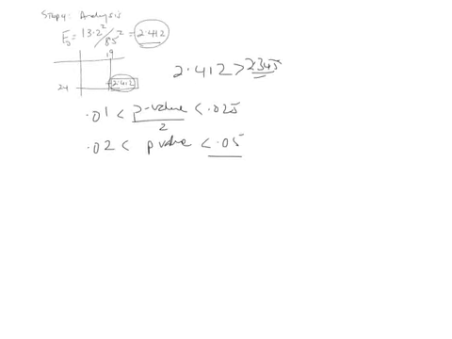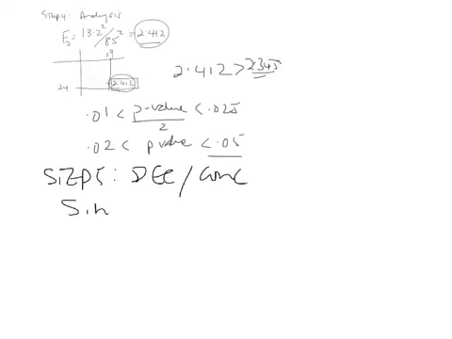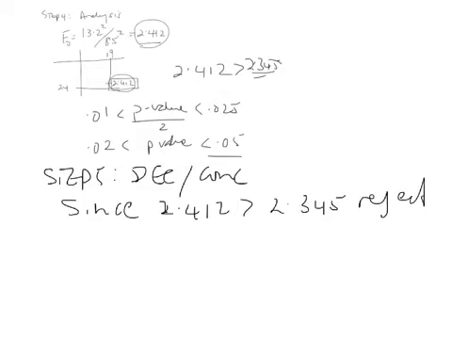So now step 5, the decision conclusion. You simply say, since 2.412 is greater than 2.345, we must reject the null hypothesis, H0. What do we conclude?